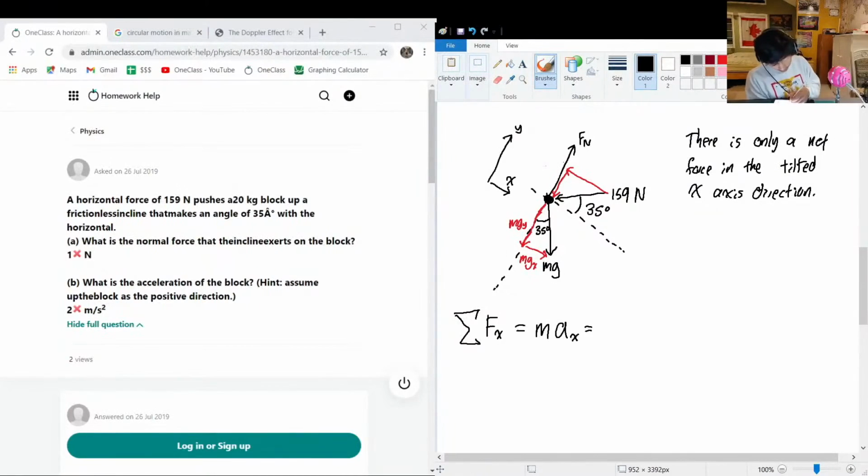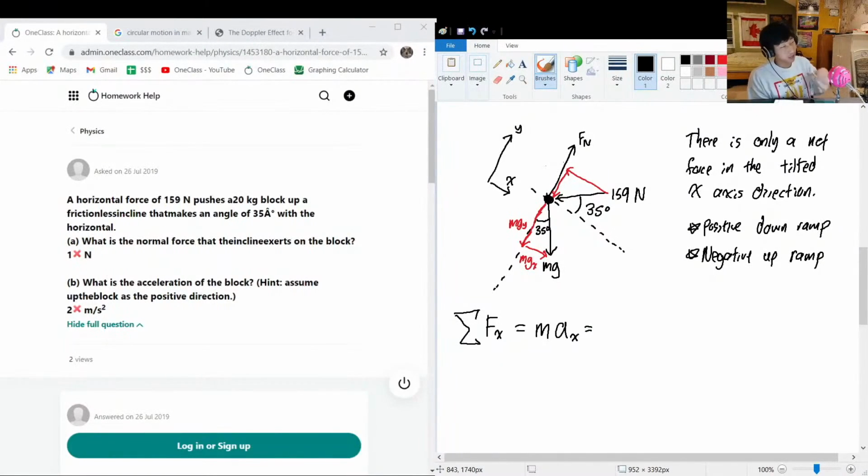If you just want to get a component from an actual force, we're going to have, and that's going to be in the positive direction. The way we set up our axis is we have positive down the ramp, negative up the ramp. So down the ramp, what's the weight going to do?